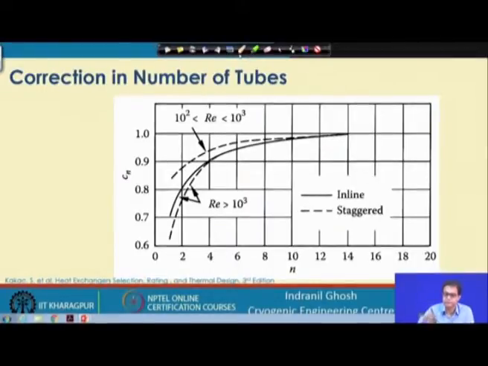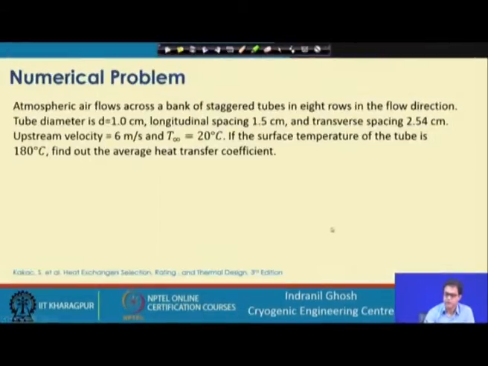So, now we will quickly look into a small problem that we can try to solve. Here it is saying that atmospheric air is flowing across a bank of staggered tubes and the number of tubes is 8. So, they are arranged in 8 rows along the flow direction.